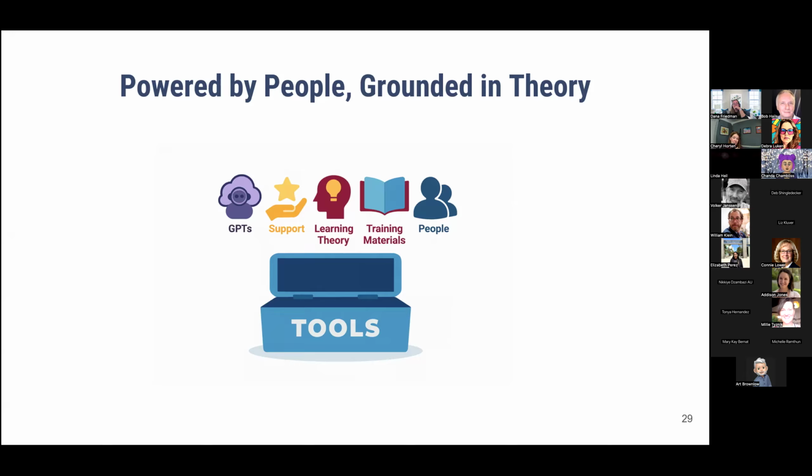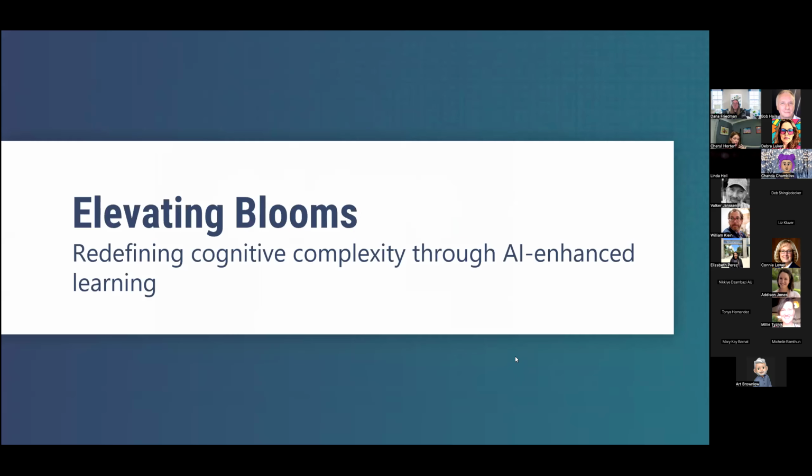We are constantly creating and updating training materials, both for our students as well as our faculty, and then people. The team that we have behind all of this really is a huge part of what our toolkit is. Having people that are specializing in and committed to these different initiatives and this whole process has made a huge difference in the faculty's willingness and acceptance and the speed at which they're adopting all of these changes within their courses.